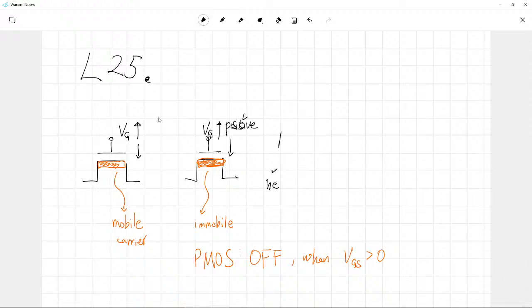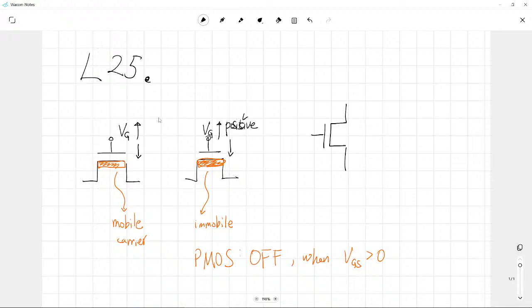So now let's think about the symbol for this PMOSFET and NMOSFET. Here we have a PMOSFET and an NMOSFET, and just using this symbol, it's not possible for us to tell whether that is an NMOSFET or a PMOSFET.